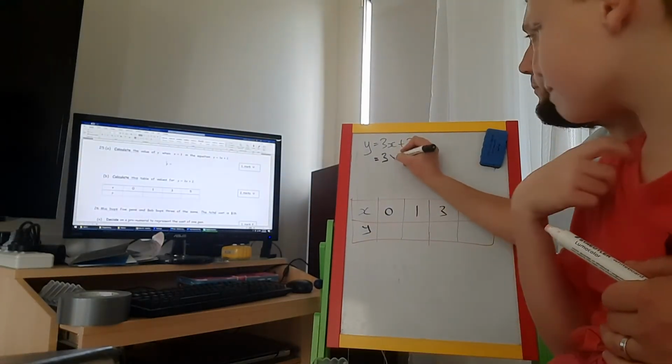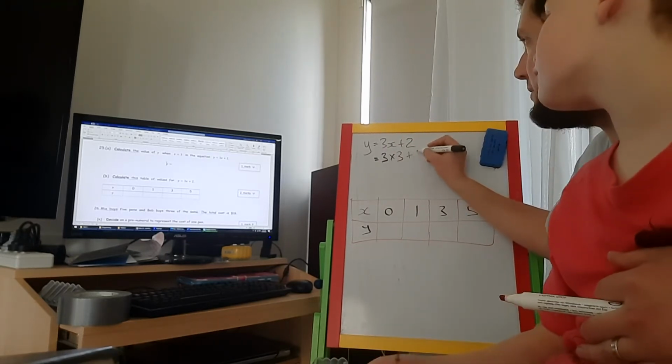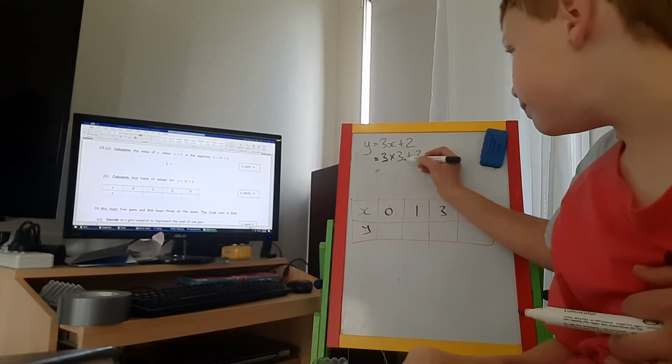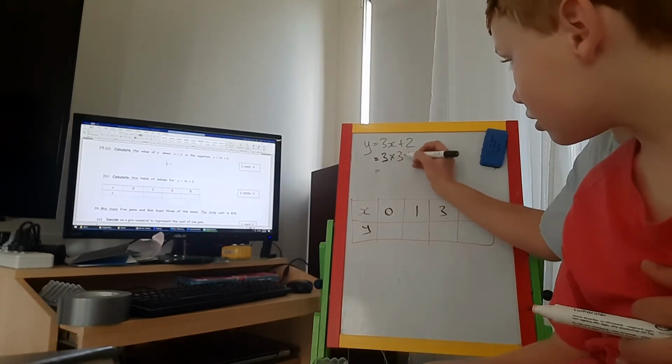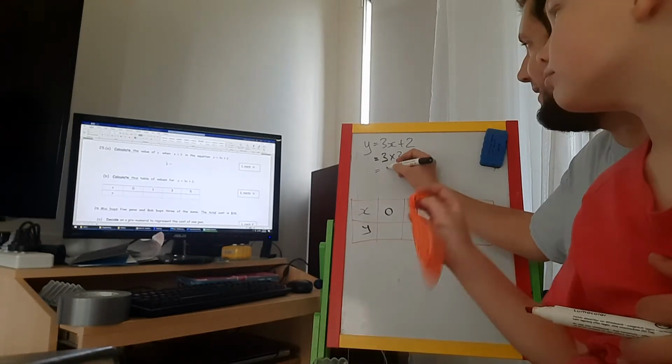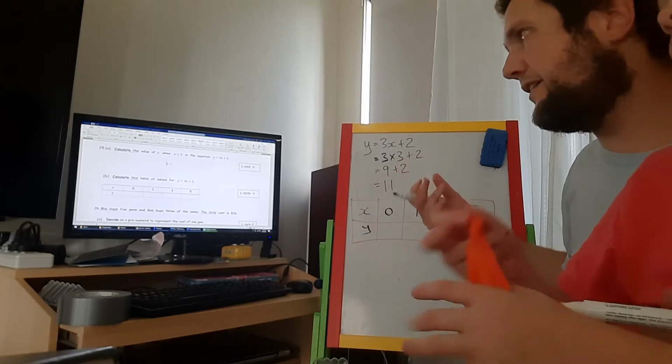Yep. But we know that where we don't see a symbol, it means multiply. So it's 3 times 3 plus 2. Now, what is 3 times 3? Yeah, 3 threes. It's 9. Okay. 9 plus 2. Come on, everyone. 9 plus 2. 11. Thank you.